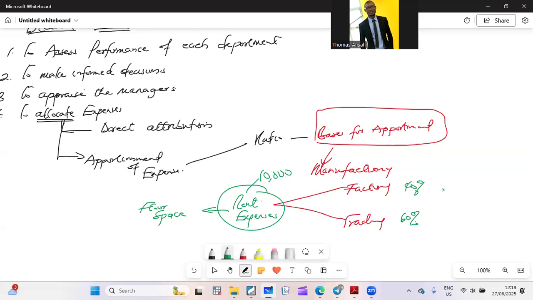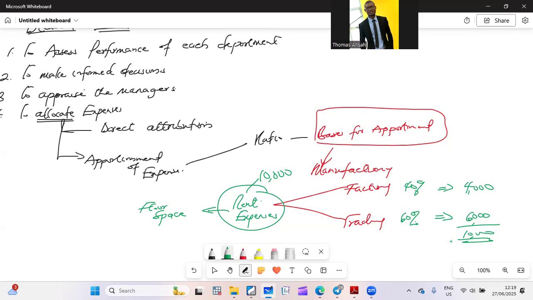Factory will be 4,000 and trading is 6,000. So that is what departmental account is to help you know.